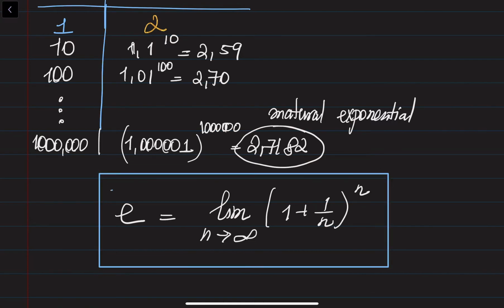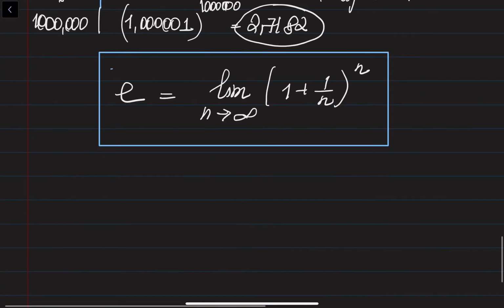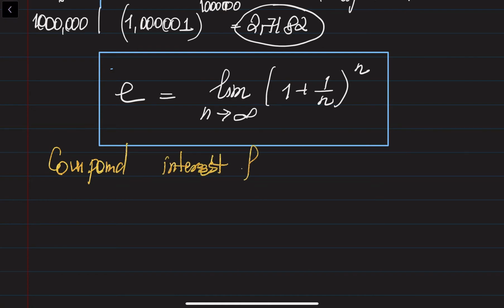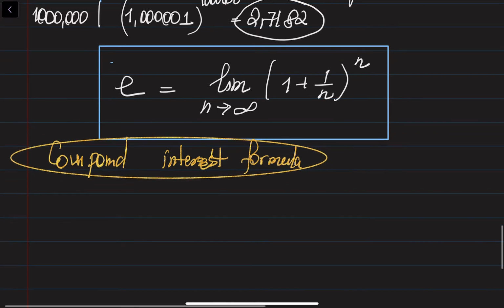So the only problem is how it is connected with our problem of the compound interest formula. So again, I will go to the compound interest formula. If you remember, the formula is like this.